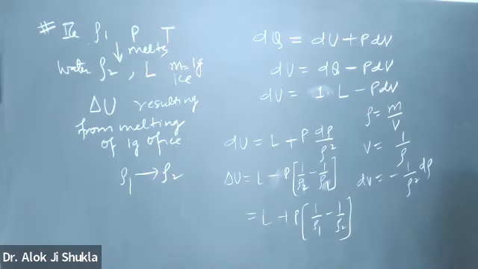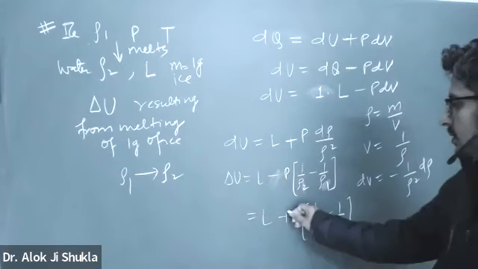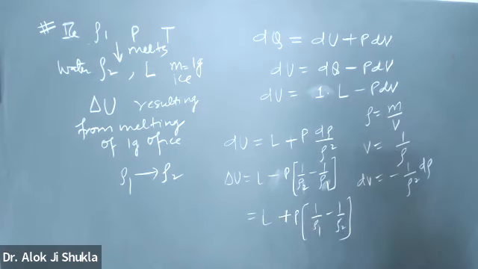We can't say, because delta U is L plus P times 1 by rho 1 minus 1 by rho 2, right? So rho 1 is greater or rho 1 is less than rho 2?